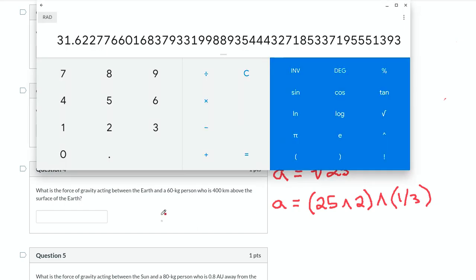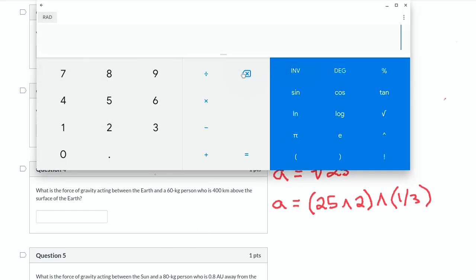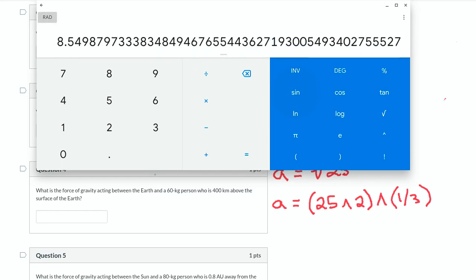So let's do that. I'm going to clear my calculator. Start with the parentheses, 25 caret 2, close parentheses, that's my 25 squared, to the power of 1 divided by 3. Enter.